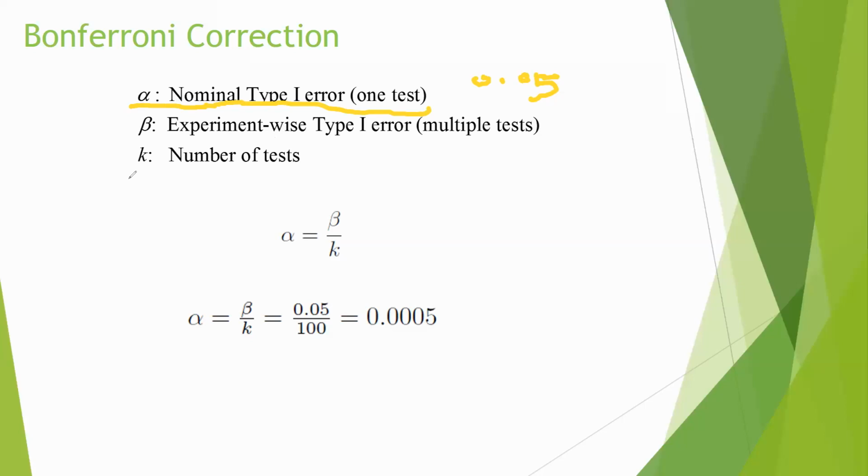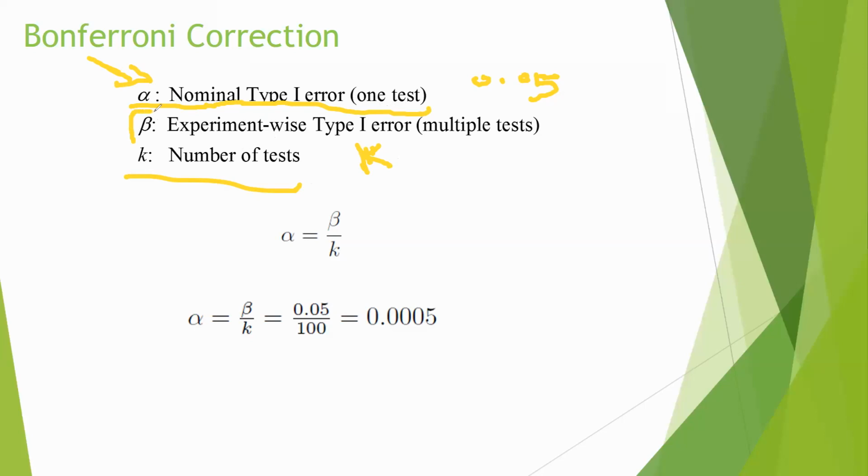However, if in your experiment you want to test this many loci, K, where K is a large number, how shall we set up an alpha for the single test?